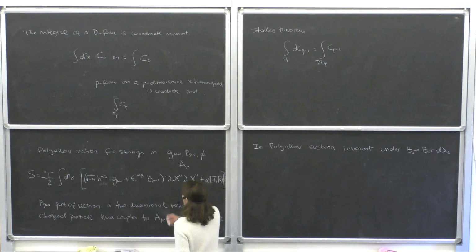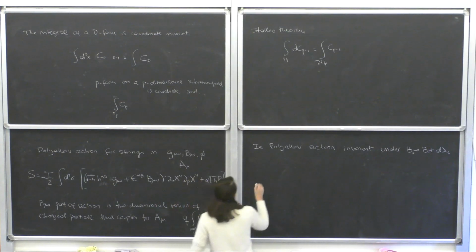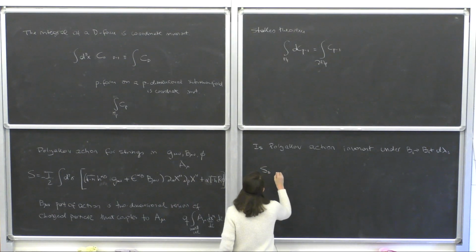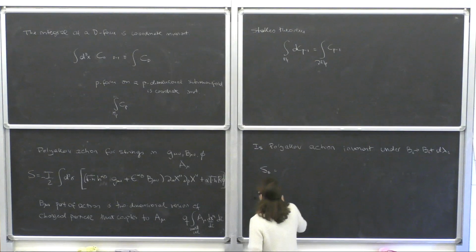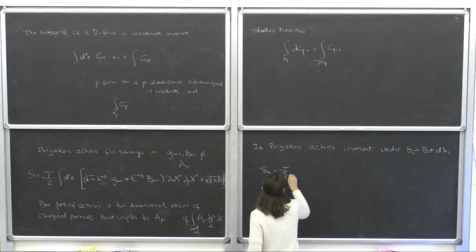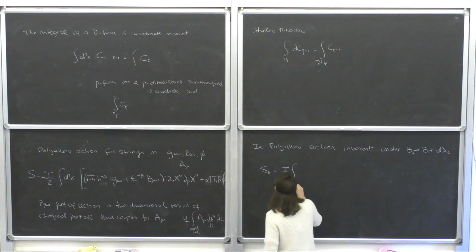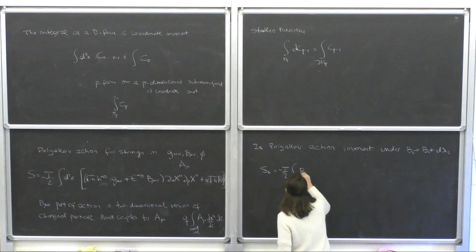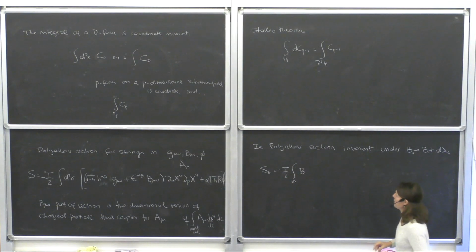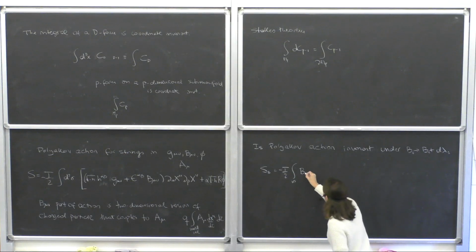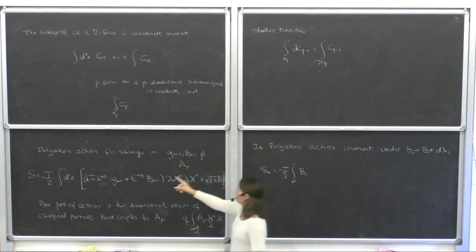So let me write the part of the Polyakov action corresponding to the B field. It's minus T over 2 integral over the worldsheet of B, right? That's what it is, this whole thing.